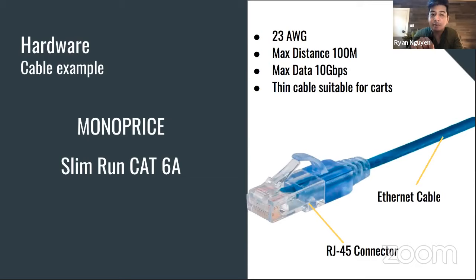And the Ethernet cable is what is flowing with the actual cable. It's the same thing as SDI to BNC, or USB versus USB Type C. So there's protocol and then there's a physical connector. So remember, RJ45 is the physical connector. In a couple of slides, we're going to talk about what Cat6A means.